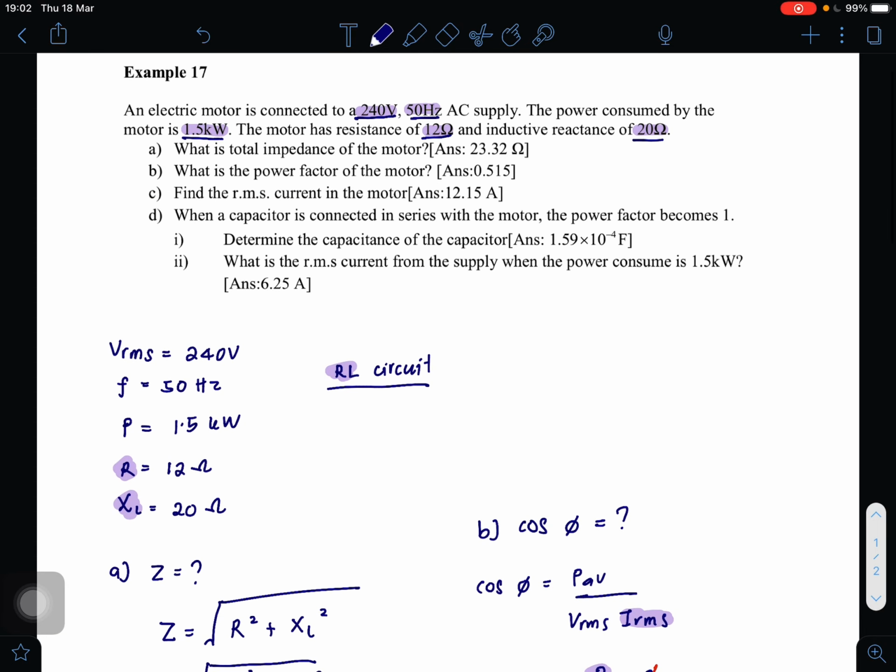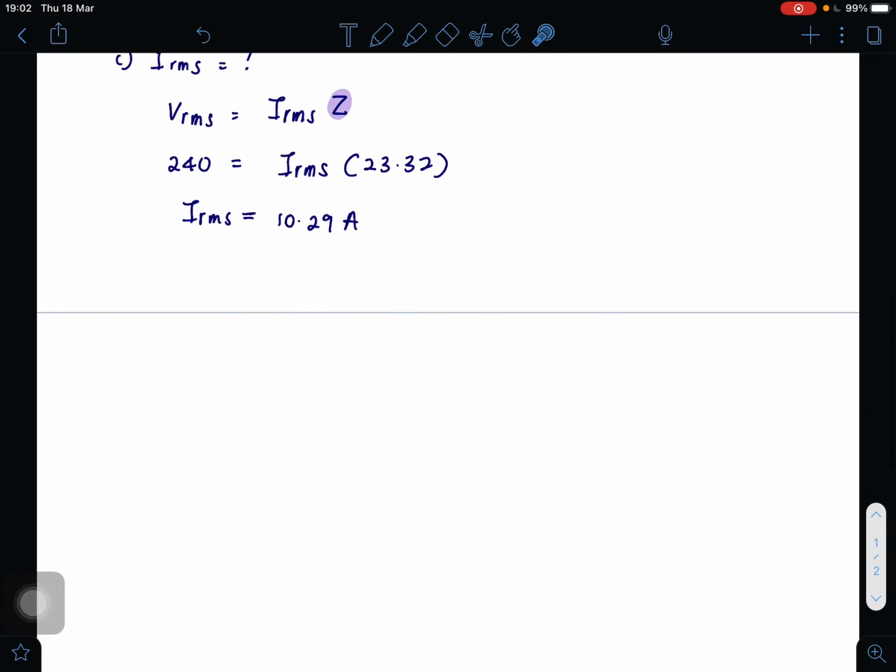Okay, so next one, soalan D. When a capacitor is connected in series with the motor, power factor becomes 1. So now kita connect pula capacitor. So now the circuit is going to be an RCL circuit. Sebab tadi kita ada resistance, kita ada inductance kan.